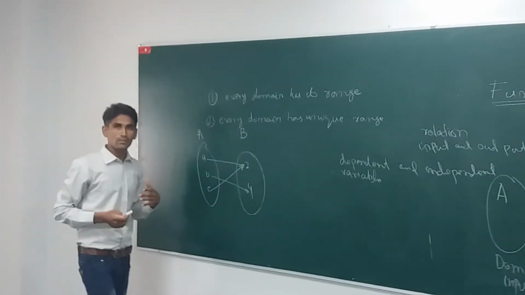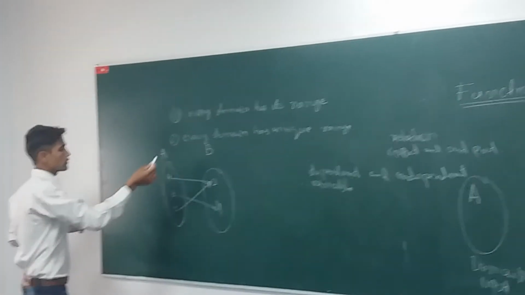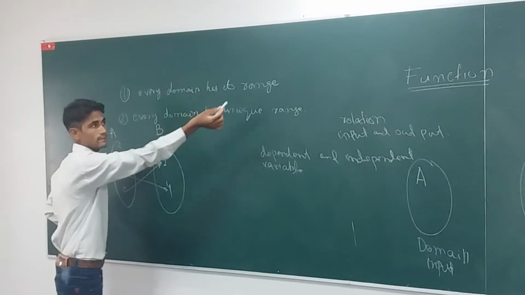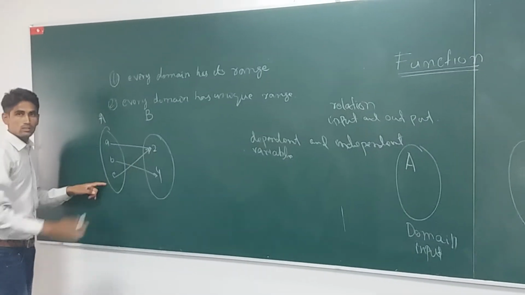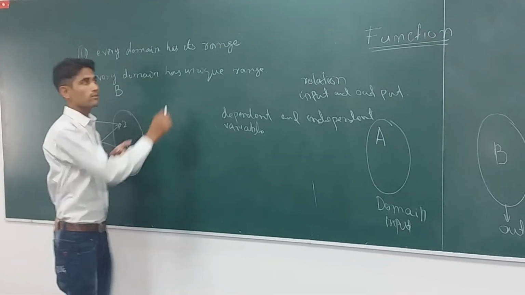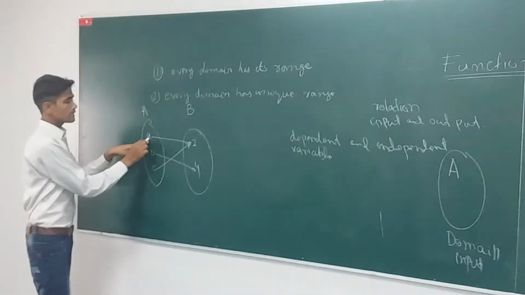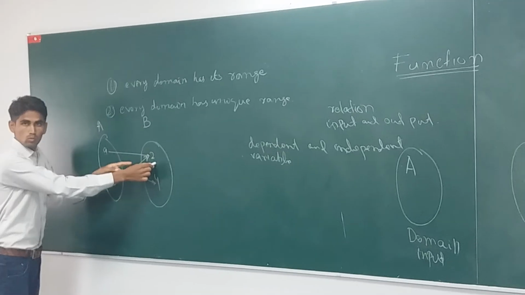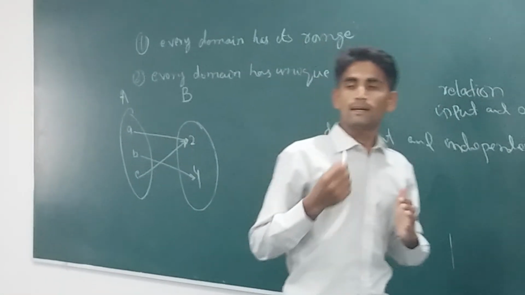If yes, it is a function; if not, it is not a function. Every domain has its range, so the first definition is qualified. Number two: every domain has a unique range, only a single range. A has only 2, B has 4, C has 2. So every domain has only a single range, and it is a function.